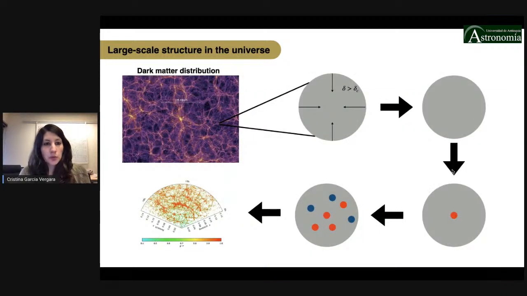I also showed you that in some regions of the matter distribution, the matter can start collapsing under certain criteria of mass overdensities. And I also showed you that those collapsed structures are called dark matter halos, and are the locations in which galaxies can start forming.